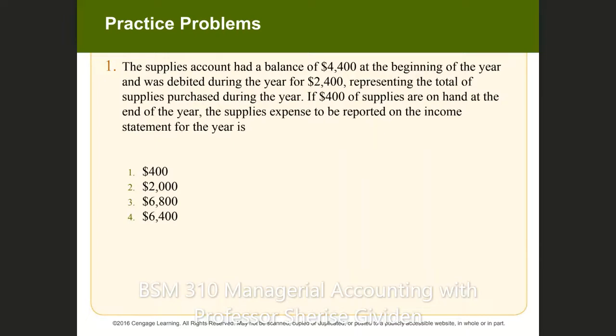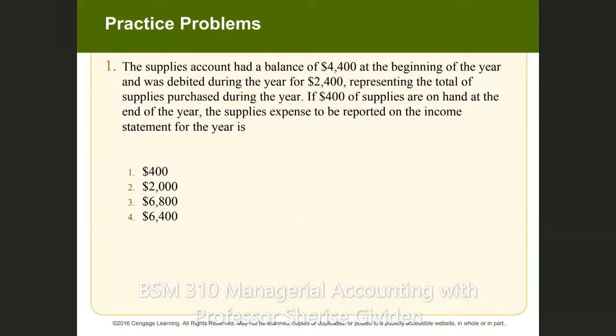Then at the end of the period, you'll have your ending balance, which is your beginning balance plus or minus all the activity. The reason I said including is because you could be adding or subtracting. So including all this activity gives you your ending balance.